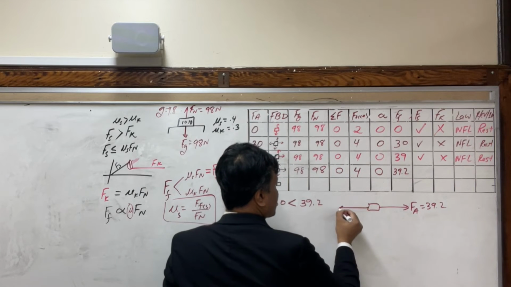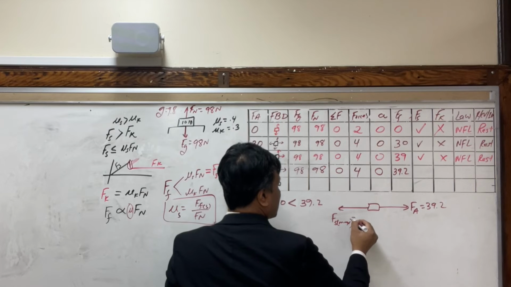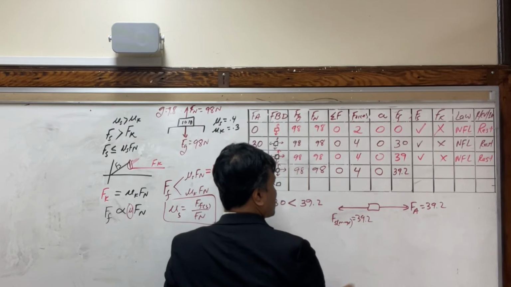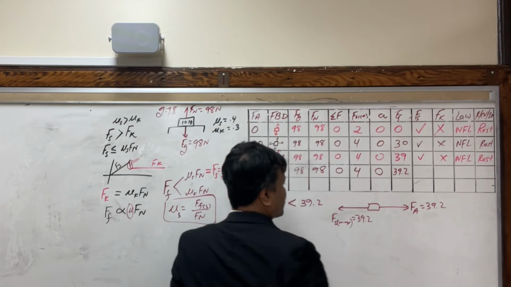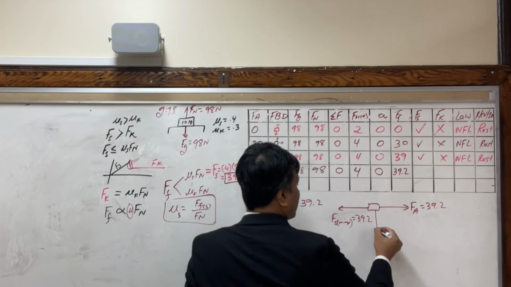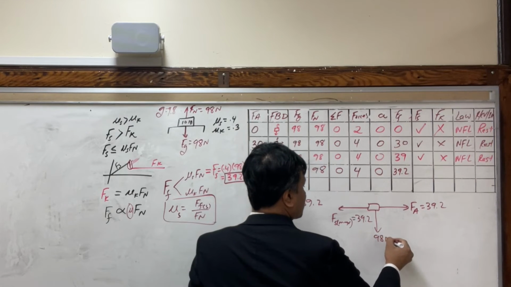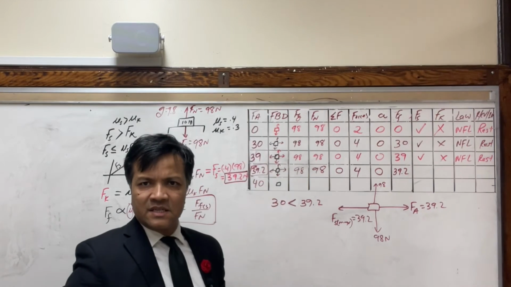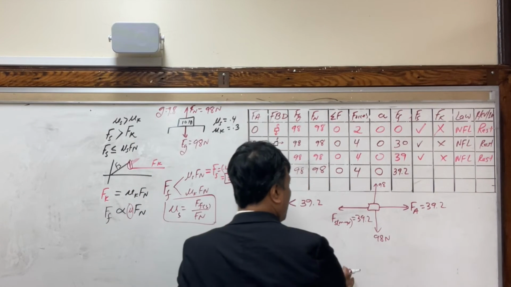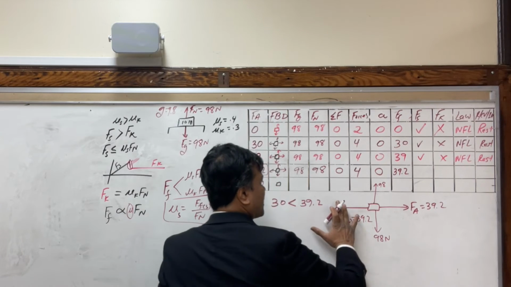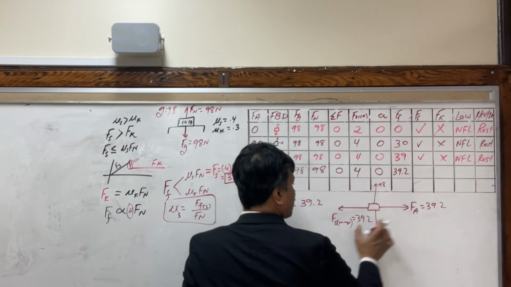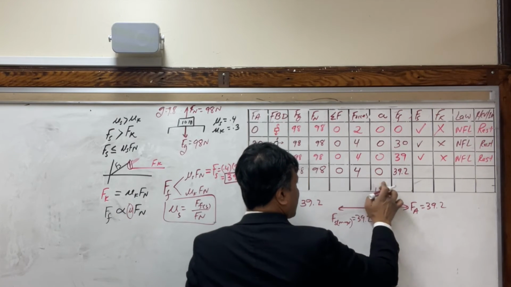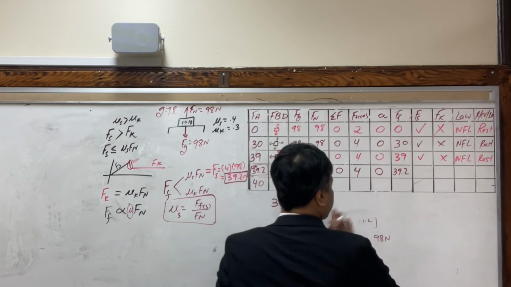So the force of friction, maximum possible, is 39.2. So in the x direction, what is the net force? 0. In the y direction, what is the net force? 0. So the object is in motion, because this one and this one are the same.